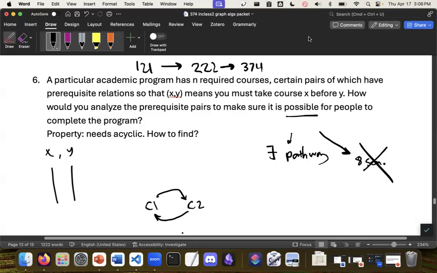How do we figure out that every vertex has a prerequisite? Okay, so the question is, how do we find the presence of a cycle in this supposedly directed acyclic graph? We hope it's acyclic.